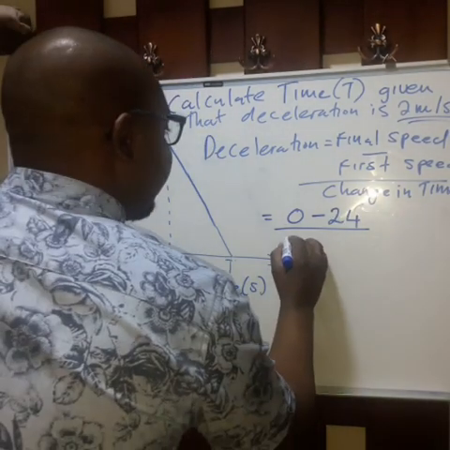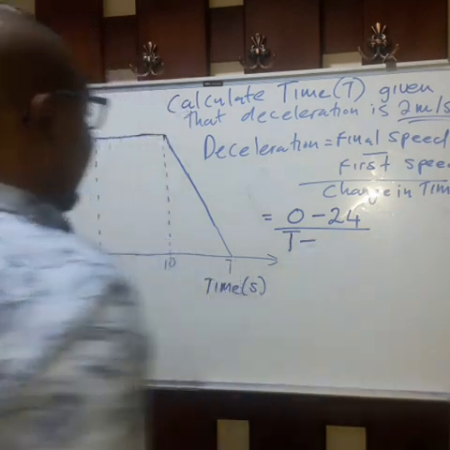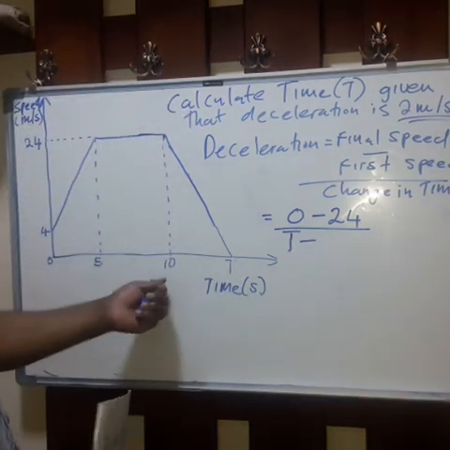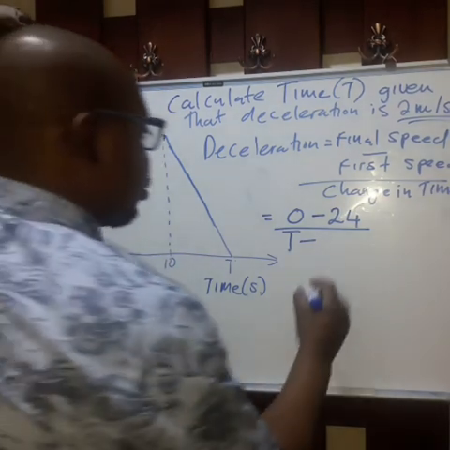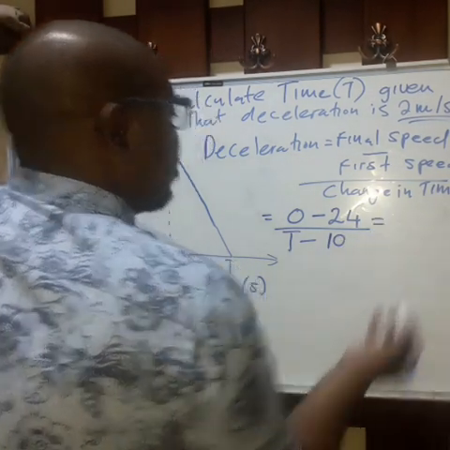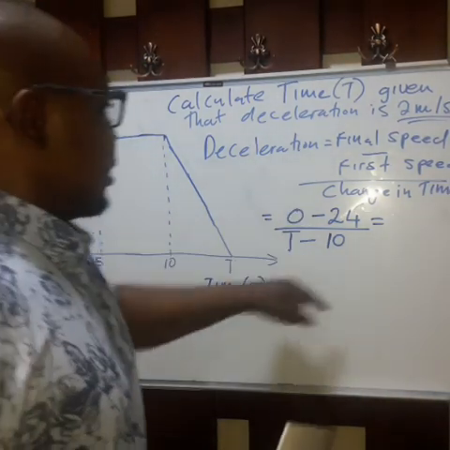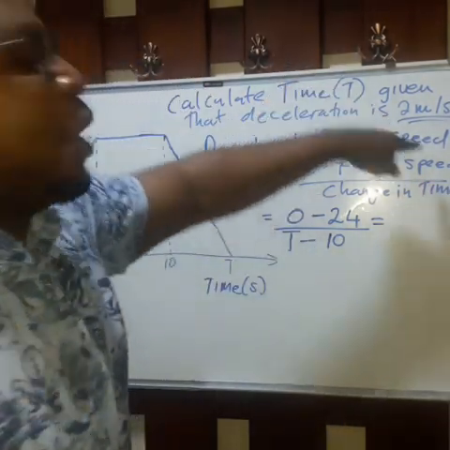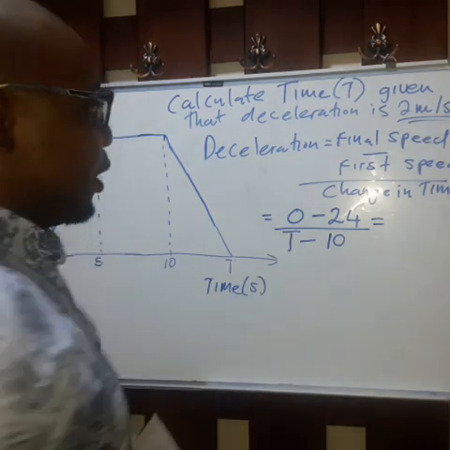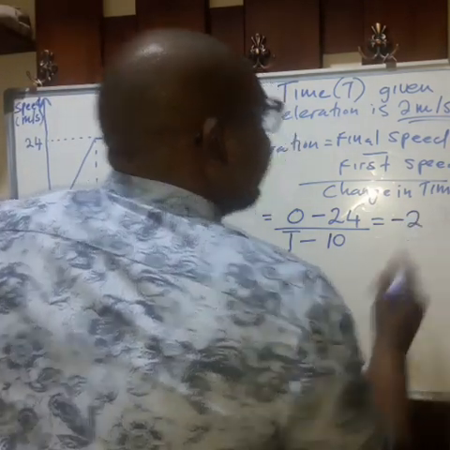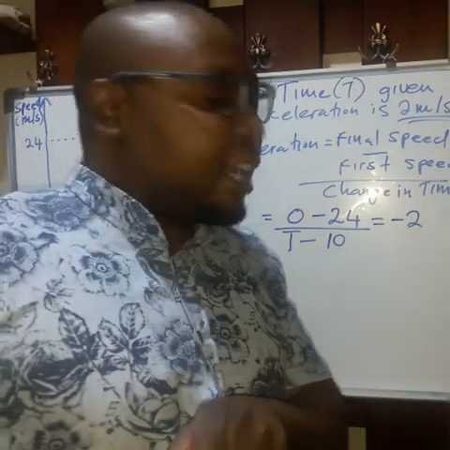Change in time is the final time, t, minus the first time. The initial time is 10, when speed was 24. So we put 10 here, and this is equal to deceleration. We are already given that deceleration is 2 meters per second squared, so we put minus 2, because remember deceleration has a negative sign.